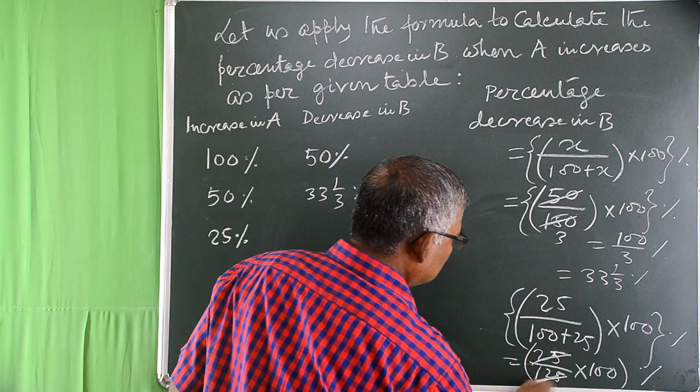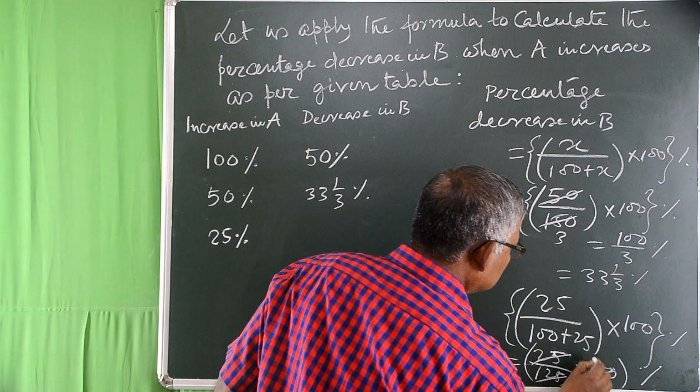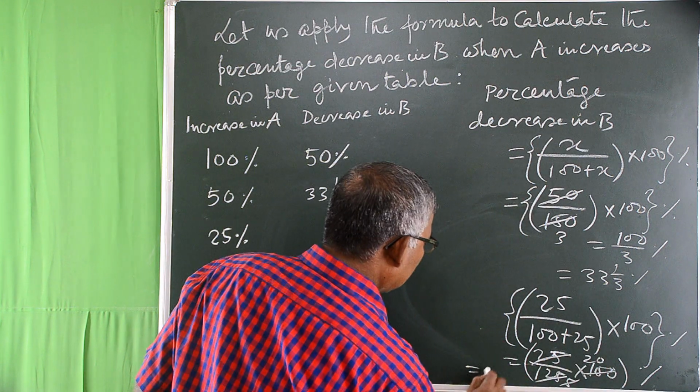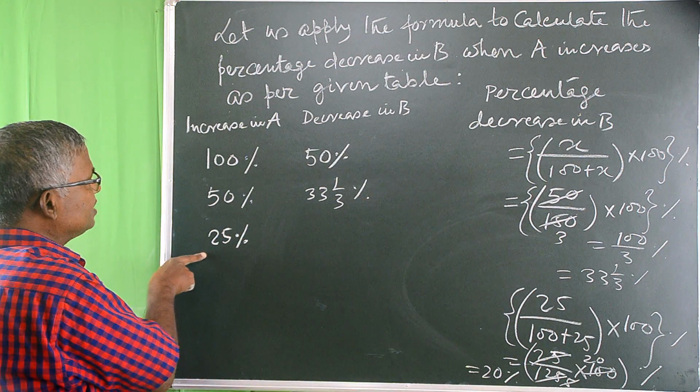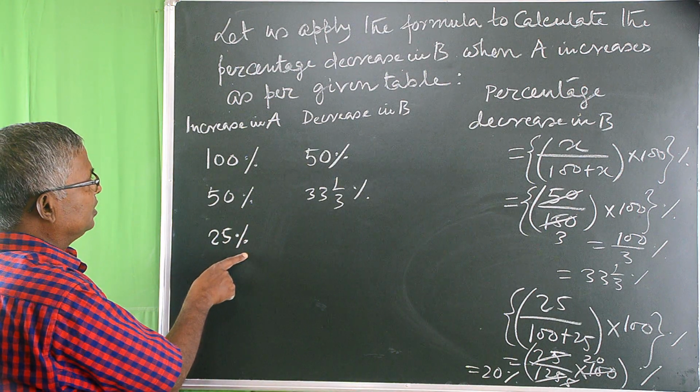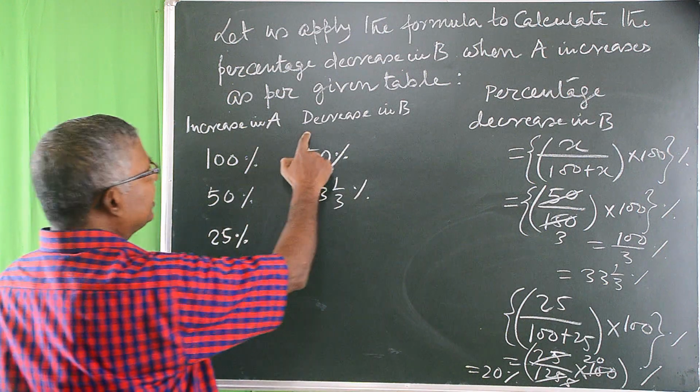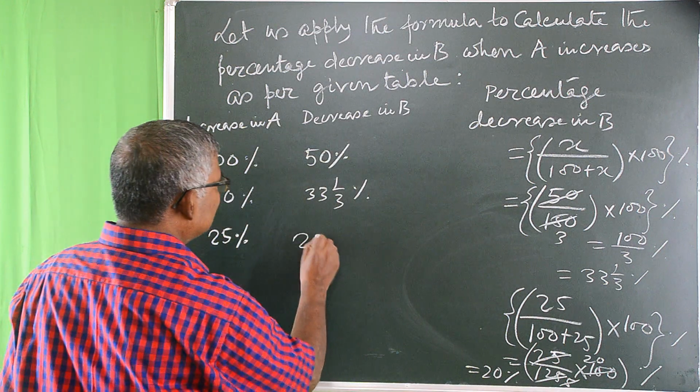So it is 20%. So whenever A is increased by 25%, the value of B must be decreased by 20%.